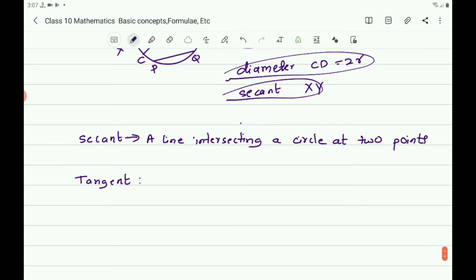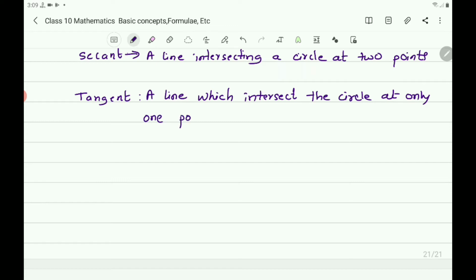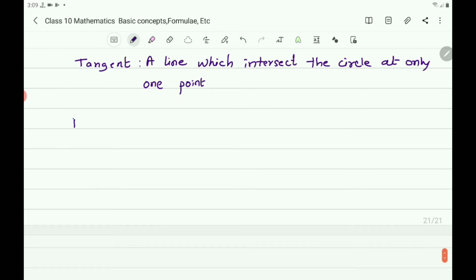So you write, a tangent to a circle is a line which intersects the circle at only one point.